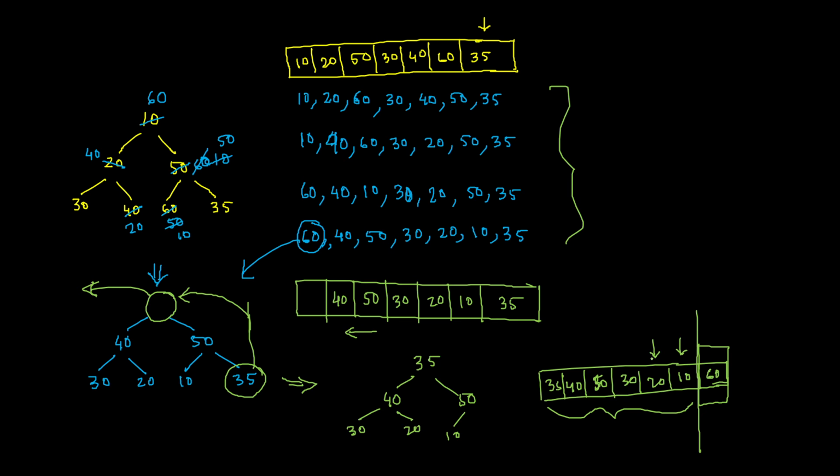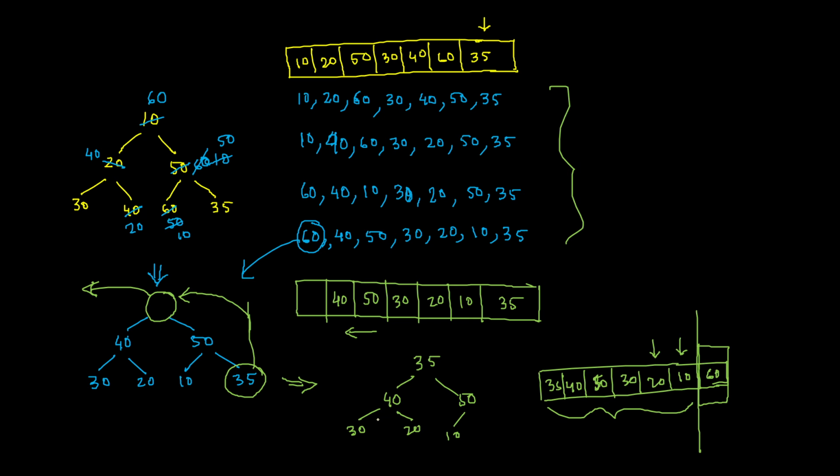Then 20 should be checked with its corresponding parent, that is 40. But 40 has a left child also. Now among 20 and the other child, because 20 is the right child, among these two children, whoever is greater should be checked with its parent, and we can see that 30 is greater than 20, so 30 should be checked with its parent 40, and we can see that the parent is greater than the maximum value between these two leaf nodes.